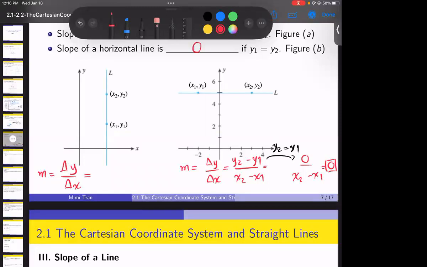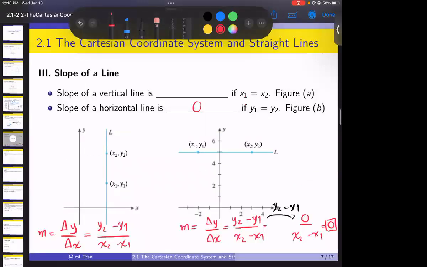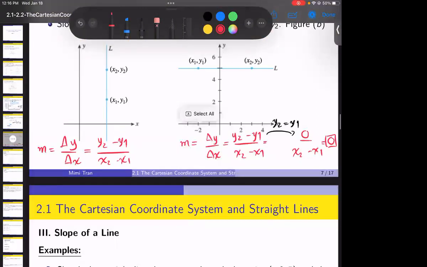Yeah, no run. But in terms of the formula, if it's a vertical line, your x is the same everywhere, right? The only thing that changes is y. That means x2 equals x1. So this means undefined.